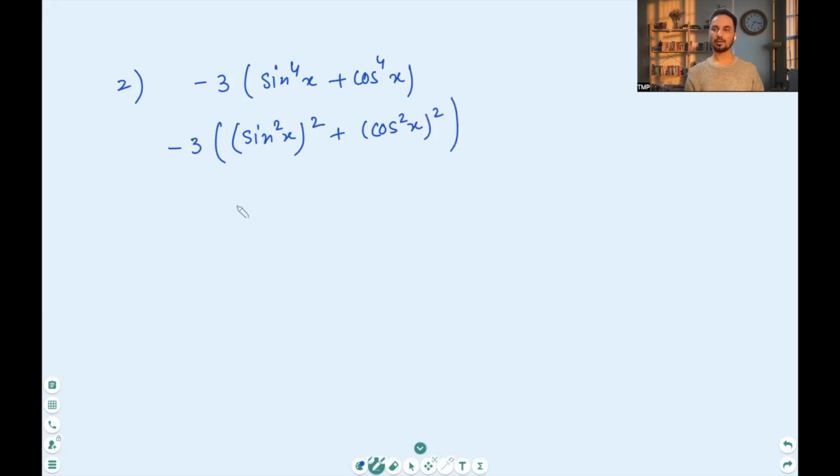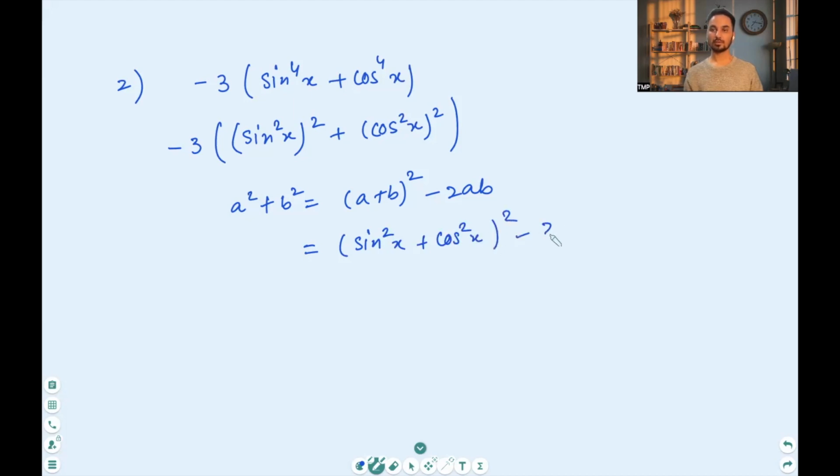And by using the identity a square plus b square equals (a plus b) whole square minus 2ab, and replacing a with sin²x and b with cos²x, we will get (sin²x plus cos²x) whole square minus 2 times sin²x cos²x.